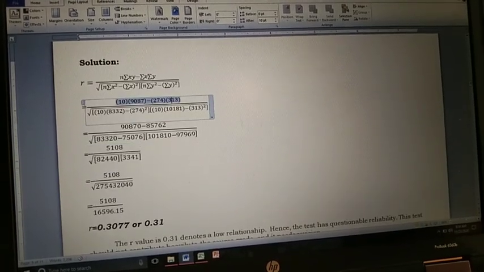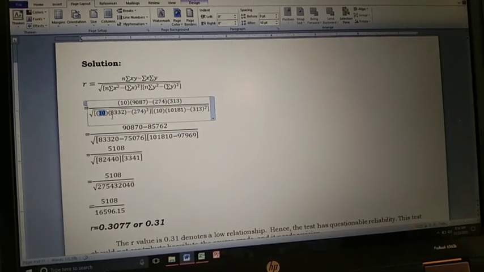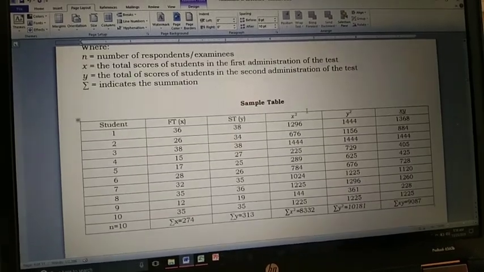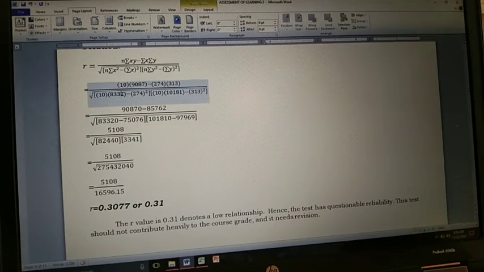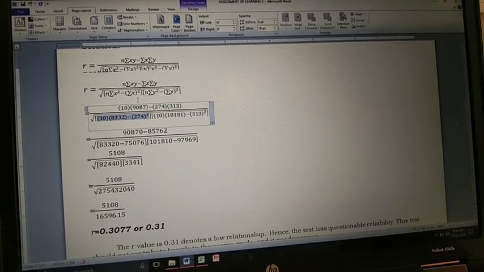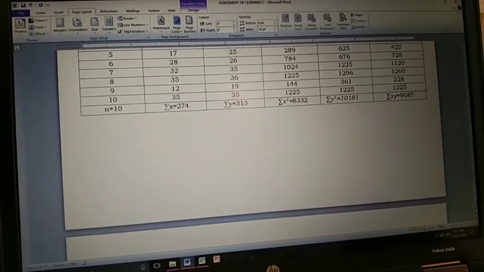Over, we have the denominator, total number of students, 10. Then the summation of x squared, we have here 8332 minus 274, the summation of x.